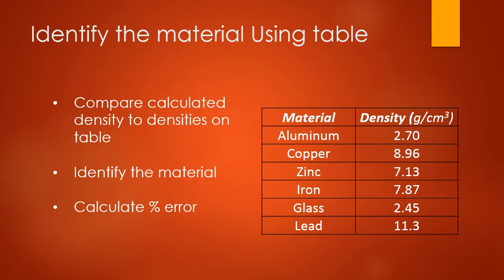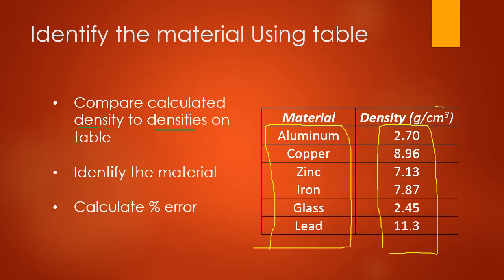For the last question, it asks you to identify the material and calculate the percent error. So how do you know what material the cube is made out of? You take the density that you calculated on the previous slide, and you compare it to the densities in this table. You can notice a list of densities on the right-hand side, and the material corresponding to those densities on the left-hand side.